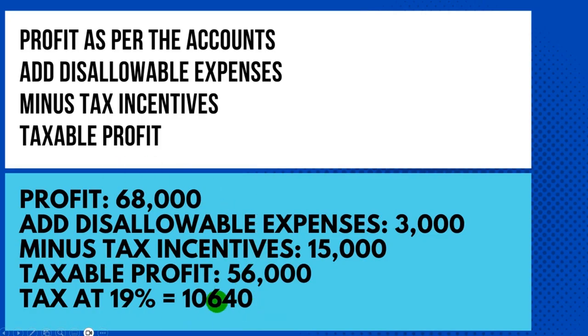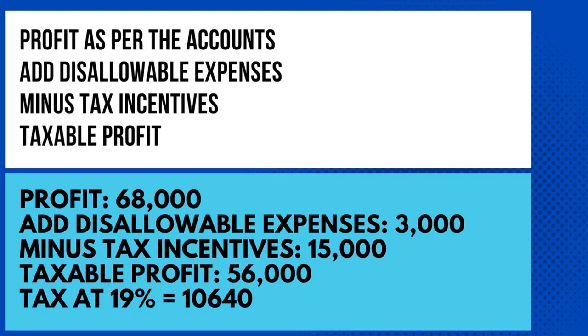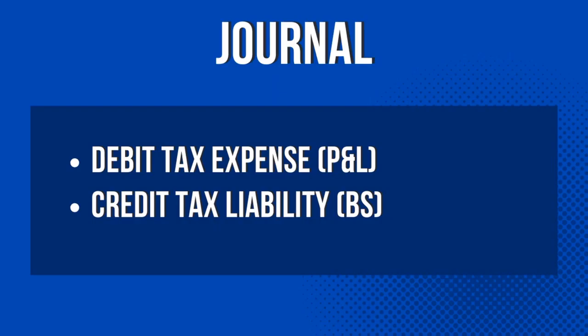So once you have that figure, once you've done the calculation, we need this 10,640 to show in the financial accounts. And how do we do that? We use the trusted journal, that journal entry that has been mentioned in most of these videos. And the journal is debit tax expense. So in this case, 10,640. And that will go on the profit and loss.